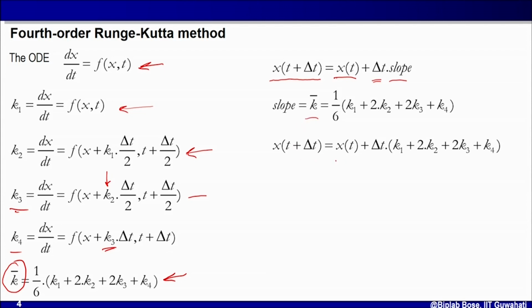So x at time t plus delta t would be x at time t plus delta t, the increment in time, into the average slope. Here we should have 1 by 6, which was missing initially. So using this average slope, I can calculate the new value of x.